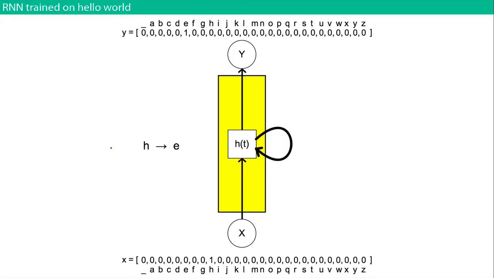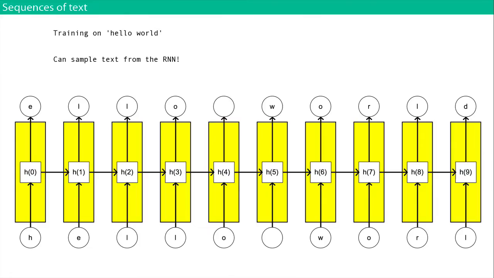So predicting H to E, you put in an H, and you're training it so that it produces an E, or it predicts an E. So E to L, L to L, L to O. This is hello world. So we go all the way through the sequence of characters, and you train it this way. This is the whole thing being looked at once. So H E L L O.